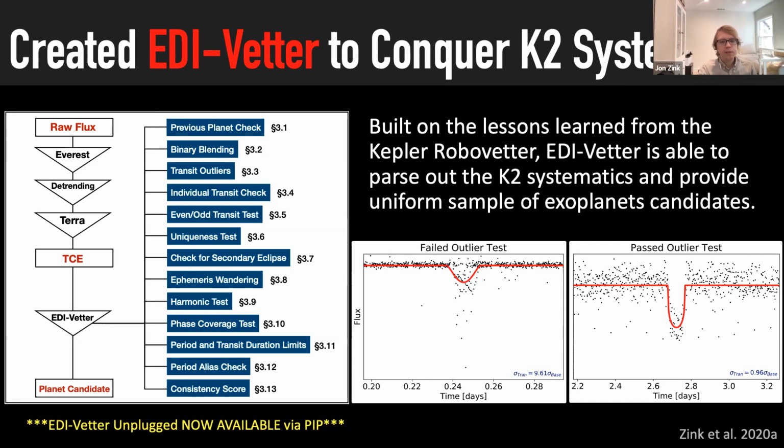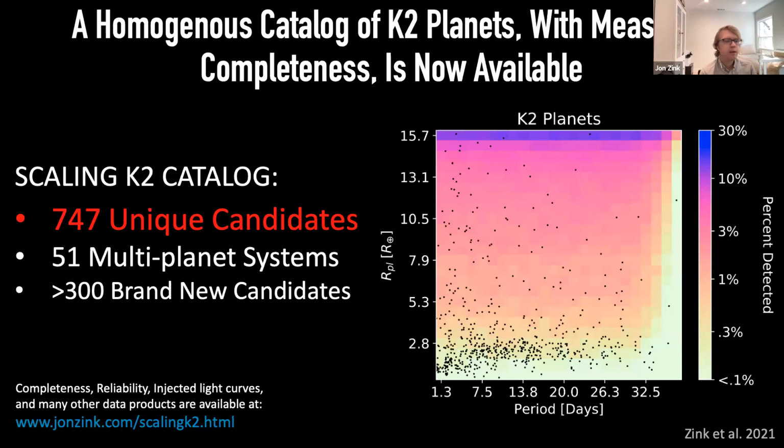By developing this pipeline, we were able to automate the transit detection process for K2. And what we found is a catalog of 747 unique candidates. We had 51 multi-planet systems and over 300 brand new candidates. So this is really exciting.